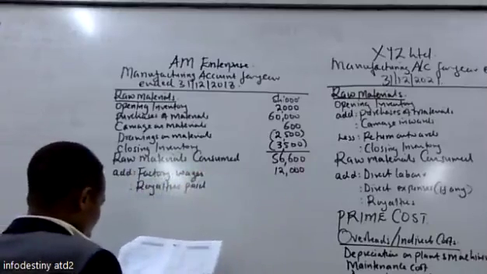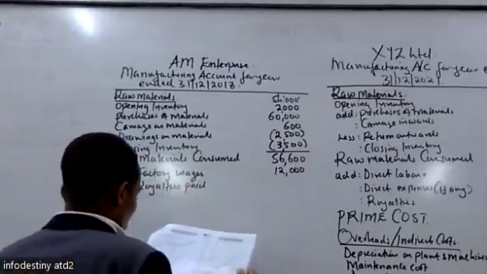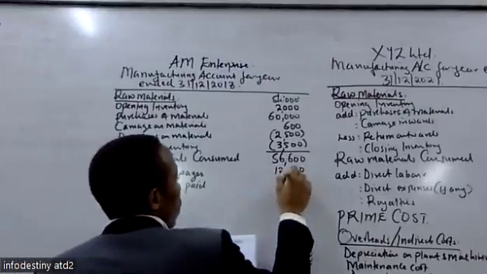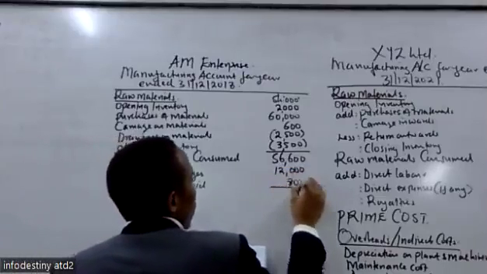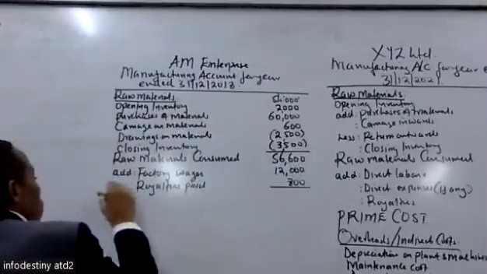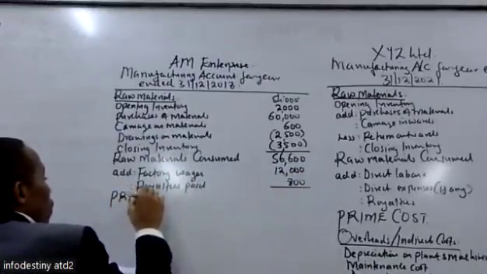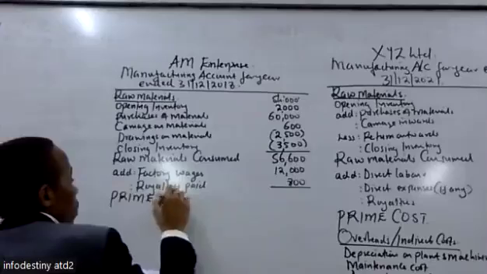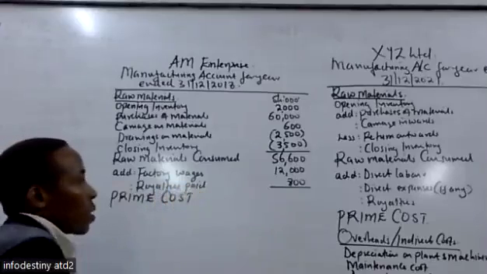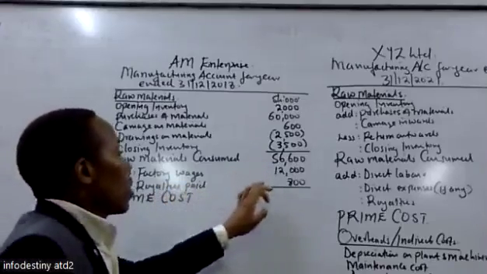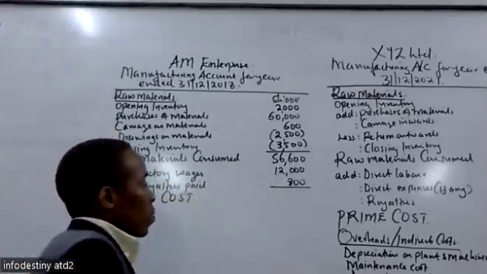We have royalties which were paid amounting to 800. So this will give us the total of the direct cost, which is the prime cost. 56,600 plus 12,000 plus 800.